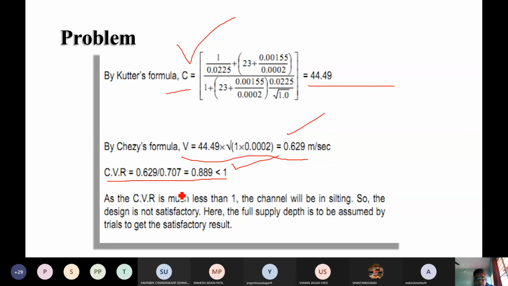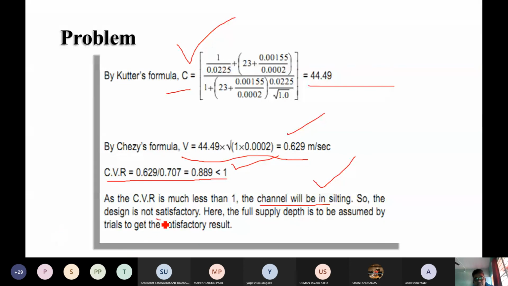If this CVR value, that is m value, is less than 1, then what type of situation? There will be silting. If m is greater than 1, then scouring should be there. If m is equal to 1, then no silting and no scouring. And if m is less than 1, then silting is going to occur. So the protection of the canal can be possible with the help of this design.